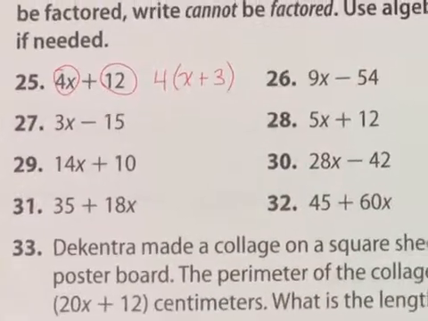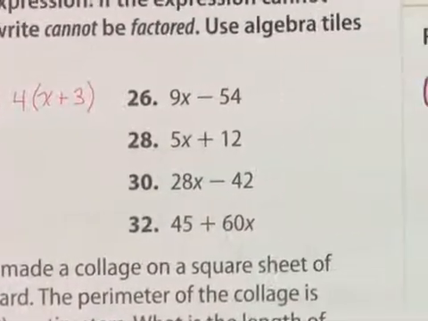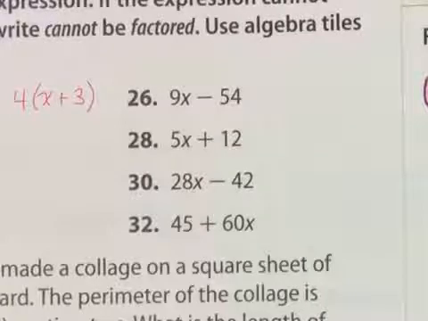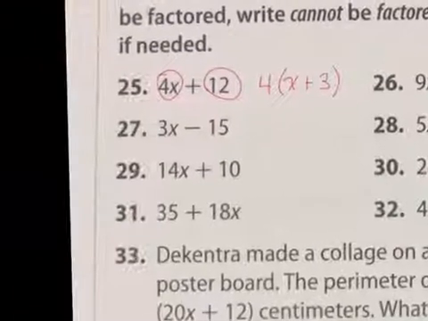So go ahead and try 25 to 32. Let me see if I find one that cannot be factored. Oh, I found one. 28 cannot be factored. There's no greatest common factor between 5 and 12. So we simply say cannot be factored. But you can factor this one, you can factor this one, you can factor that one. Let's see over here.